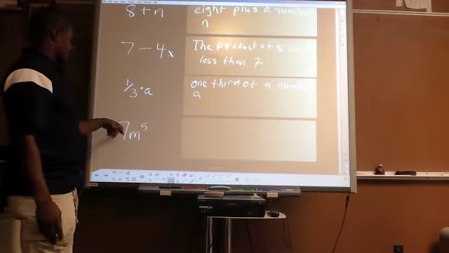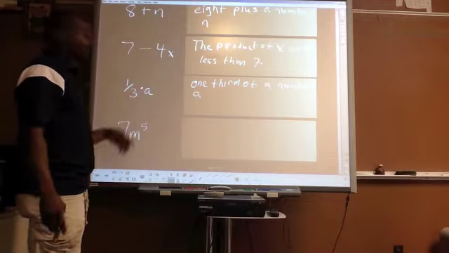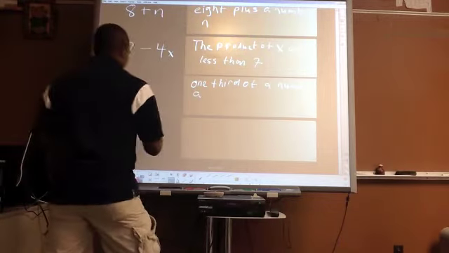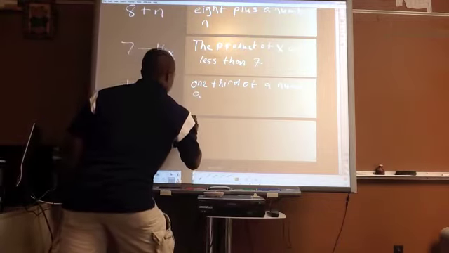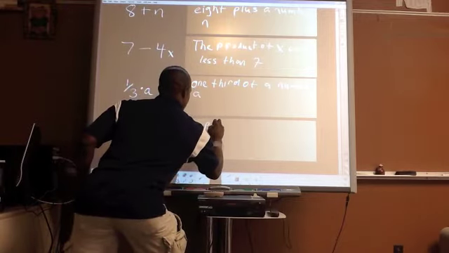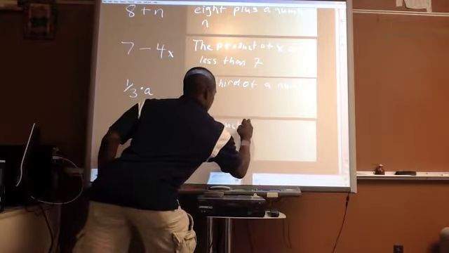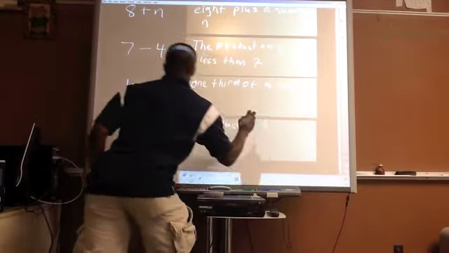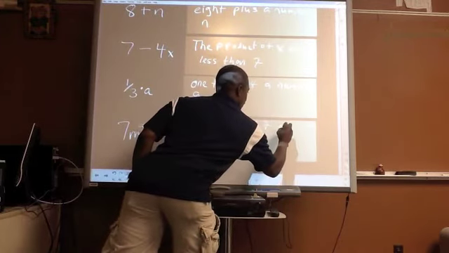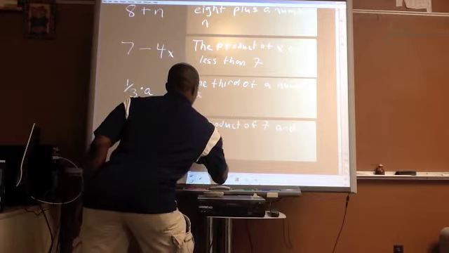And we have 7 times n times m to the 5th power. We can write the product of 7 and m to the 5th power, works too. The product of 7 and m to the 5th power.